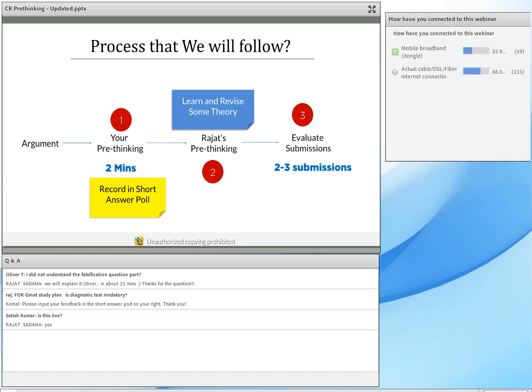Why? Because actual cable, fiber or DSL internet connections are designed to maintain a certain service level agreement, or SLA. So if you're using a mobile dongle, my apologies if your experience is not ideal. But unfortunately, it's the nature of that connection, and our goal is to provide the best learning experience possible, which is why we use Adobe Connect. But Adobe Connect requires a connection which is a bit more SLA oriented.